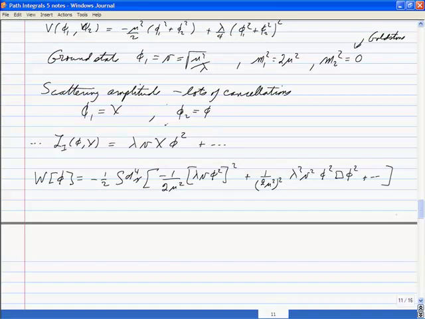Okay, if we look at the factors here, there's a lambda squared v squared. V squared is mu squared over lambda. So when I take v squared, the mu squareds are going to cancel. I've got a lambda squared divided by lambda, and I've got a quarter.